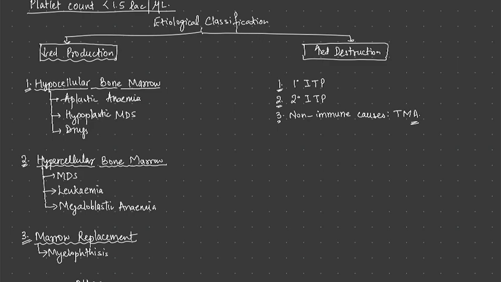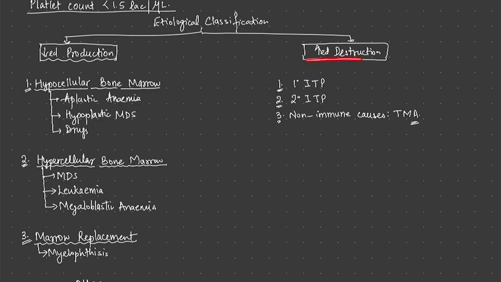So, in those cases, the marrow is replaced by fibroblasts, or marrow is replaced by excessive collagen deposition, excessive reticulin deposition. Those disorders are called myelophthisis. Obviously, there will be decreased platelet production resulting in thrombocytopenia.